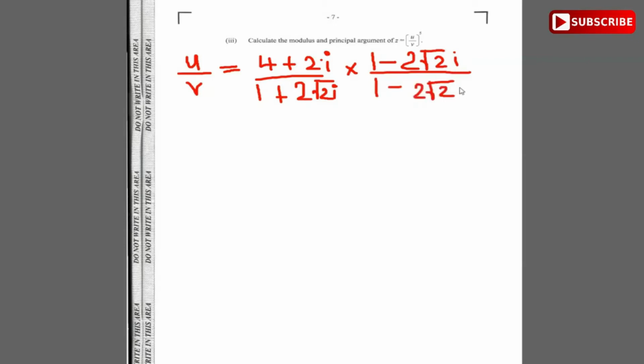And that will give us u over v. So let's work it out now. Multiplying them across, 4 times 1 is 4. 4 times minus 2 root 2i is minus 8 root 2i. Then we have 2i times 1 is 2i.